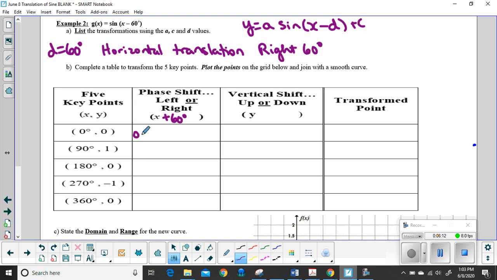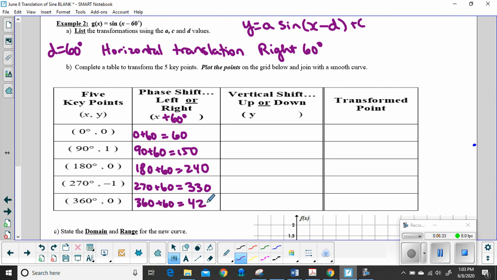So that means I'm going to have 0 plus 60, which gives me 60, 90 plus 60, which gives me 150, 180 plus 60, which gives me 240, 270 plus 60 gives me 330, and last but not least, 360 plus 60 gives me 420.